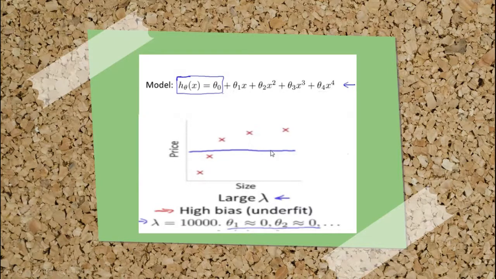This hypothesis has a high bias and badly underfits, and so this proves that this model is not a very good model for this data set.